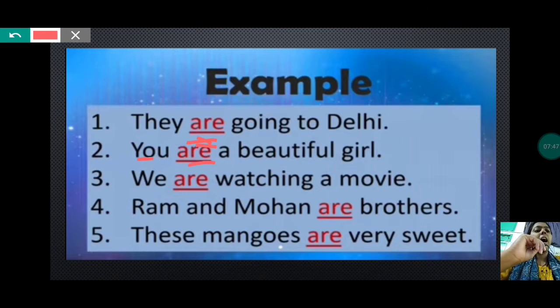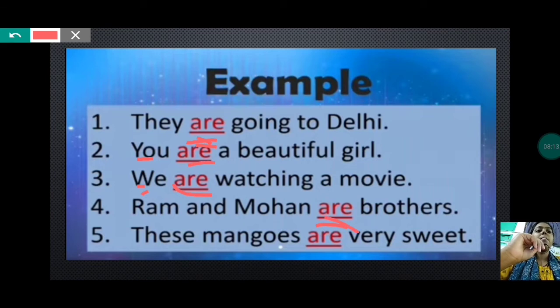Number 3, we are watching a movie. Now we is used for that group where I am included myself. Then only I will use we, and we is used for more than one person, so are, A-R-E, are. Number 4, Ram and Mohan are brothers.